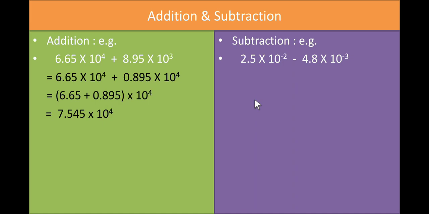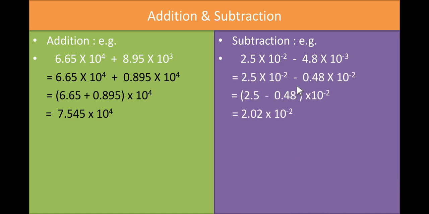Subtraction, we can do in the same fashion as addition. The only difference is that we subtract the digit factor. Here the power is 10 to the power minus 2 and here it is 10 to the power minus 3.